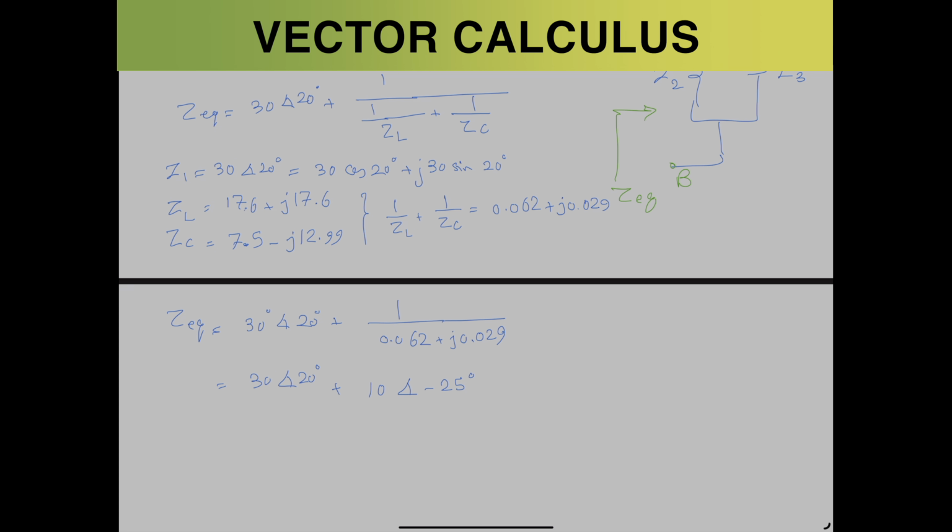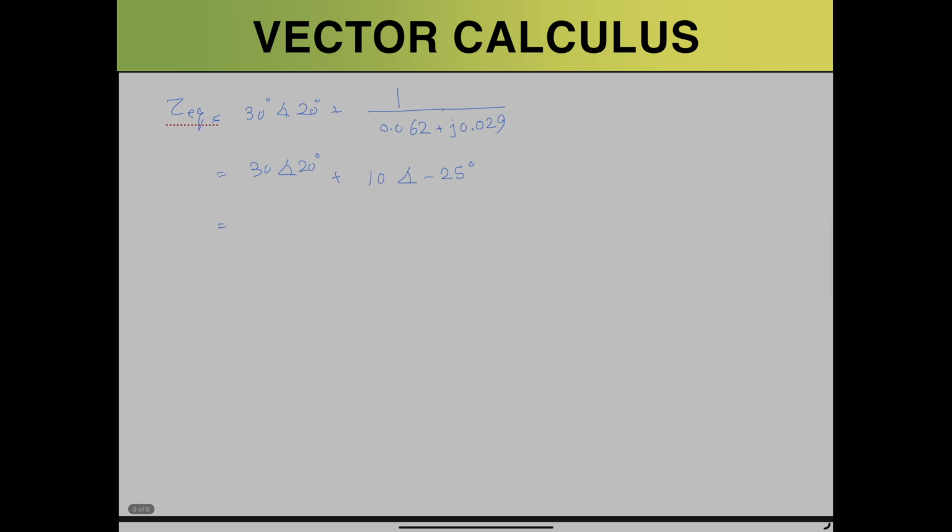So if you simplify them again, it's actually easier to sum up these numbers in rectangular format. So 30 cos 20 plus j 30 sin 20 degrees plus 10 cos minus 25 degrees plus j 10 sin minus 25 degrees.